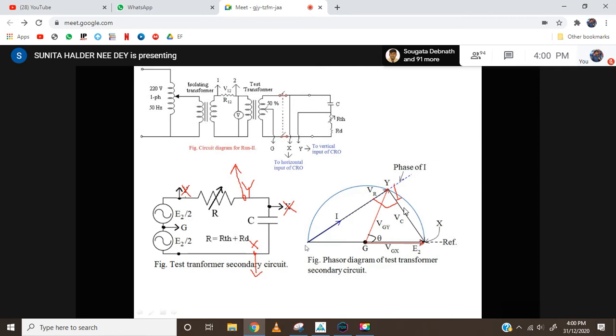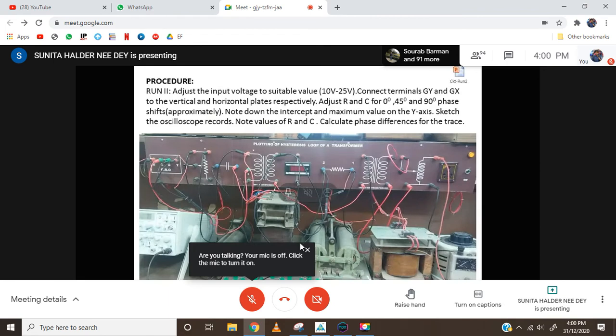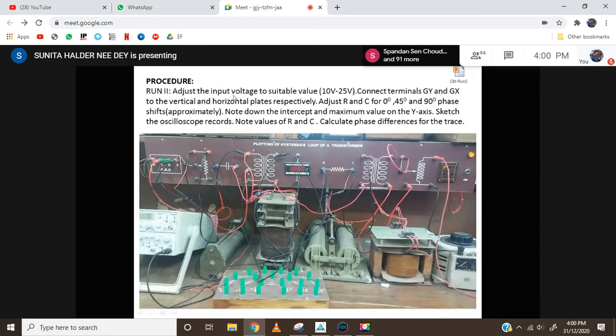Let me explain. For this experiment, we shall connect the secondary, adjust the input voltage to a suitable value, 10 to 25 volts, and connect the terminals VGX and GX and GY to the vertical and horizontal plates respectively. Adjust R and C, not C, only R, for 0 degree, 45 degree, 90 degree phase shifts approximately, because we shall not get exact values in the oscilloscope.